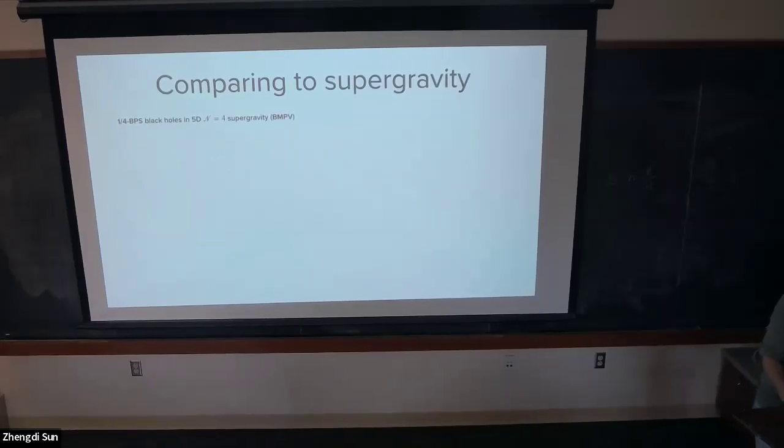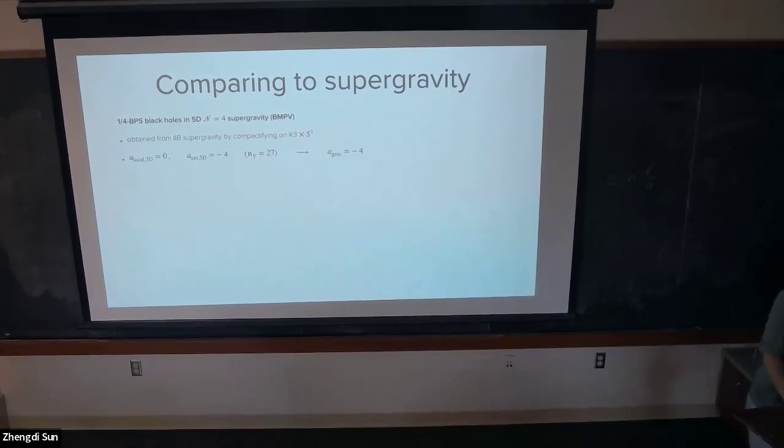For example, in the case of the BMPV black holes, which are quarter BPS black holes that show up in 5D N equals 4 supergravity. These black holes, again, can be obtained from type 2b supergravity by compactifying now on K3 times the circle.